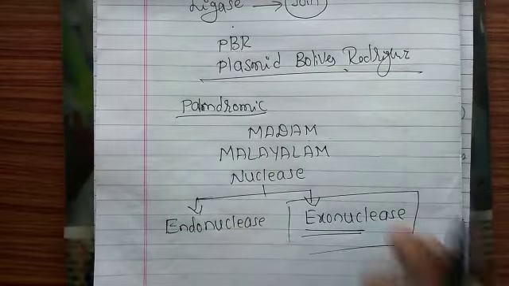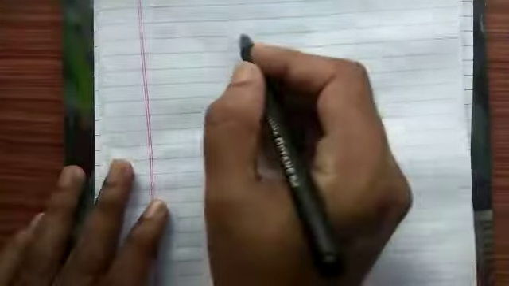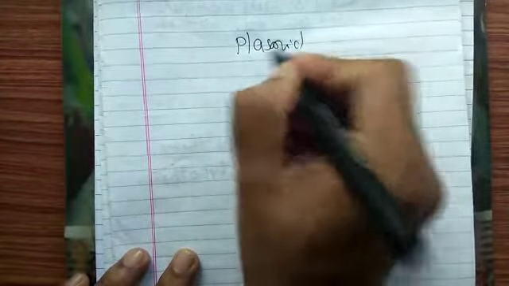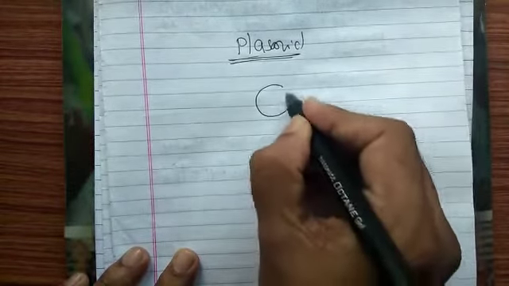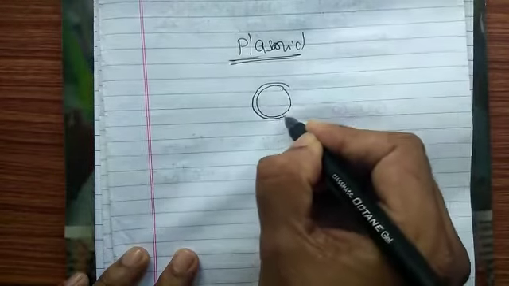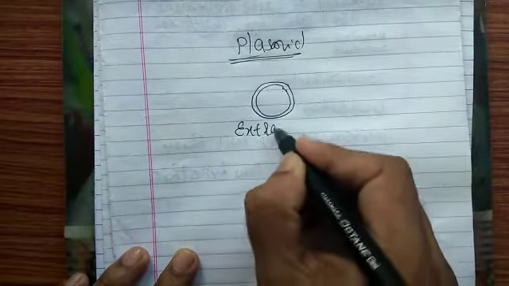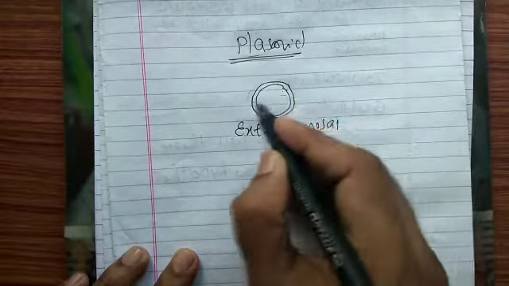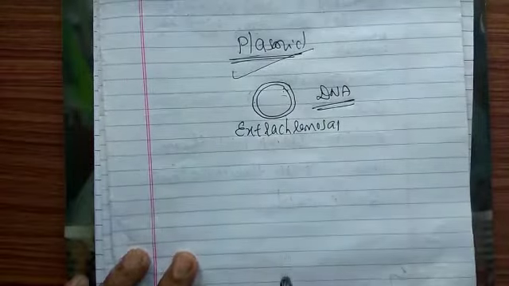See here, when we think of plasmid, one point is it is circular, double stranded, extrachromosomal, it is not present on the chromosome. Extrachromosomal, circular, double stranded DNA generally present in bacteria is called a plasmid.